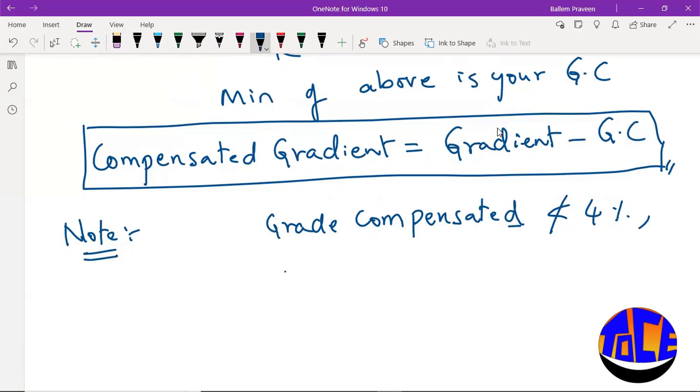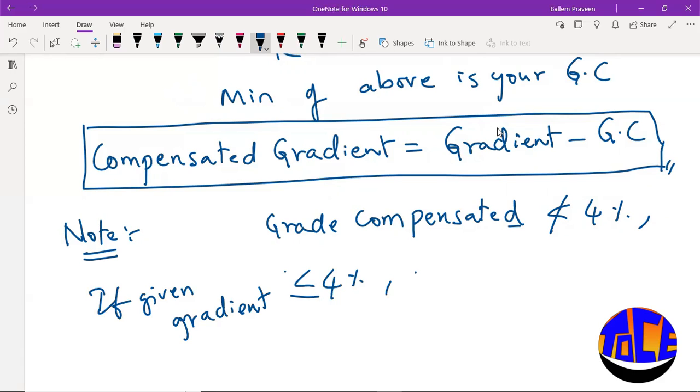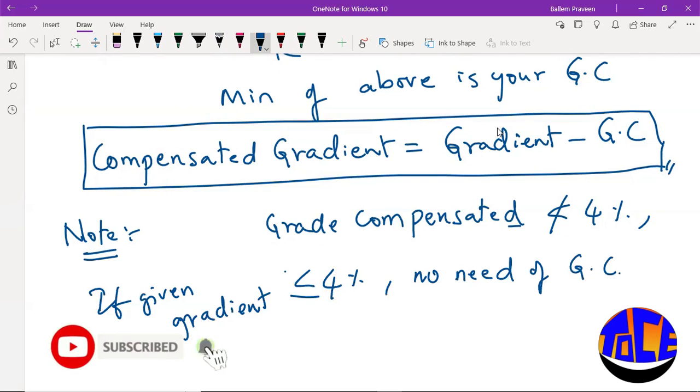Or else, if the given gradient is less than or equal to 4%, there is no need of grade compensation.